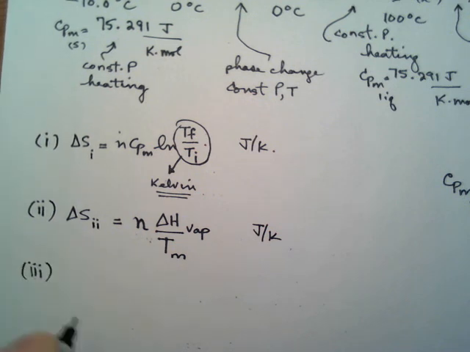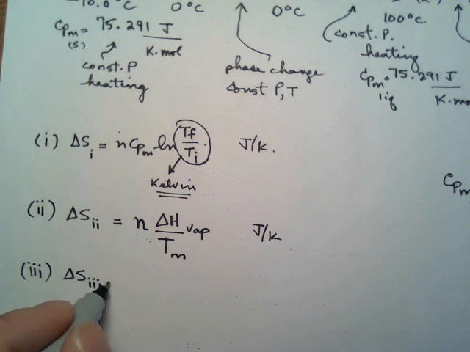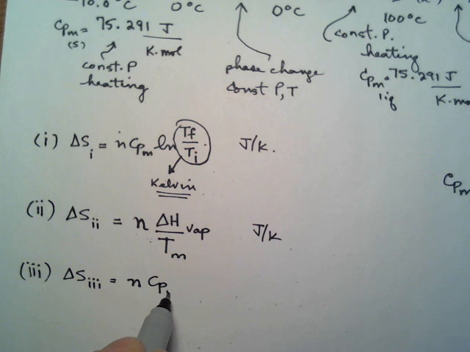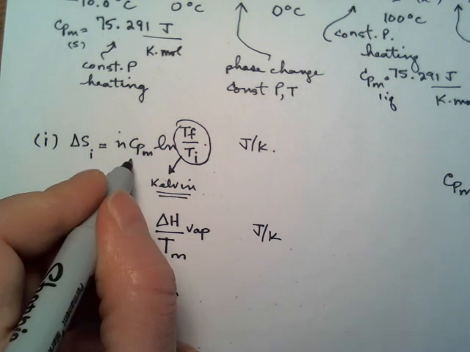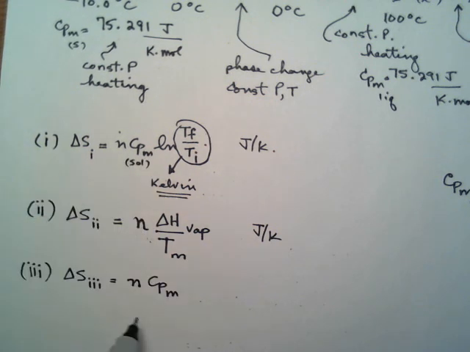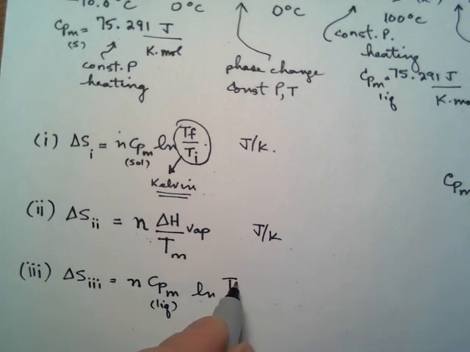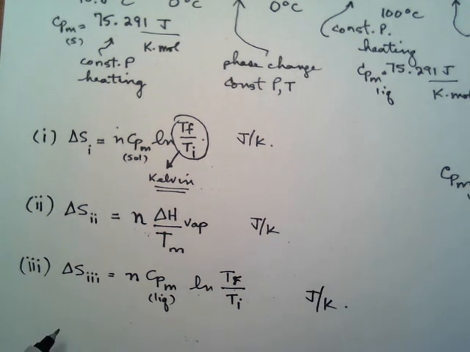In the third step, again, once I've phase transitioned to the liquid, now I'm just heating the liquid. So delta S in this third step is N, number of moles, times Cp molar for the liquid. That one was for the solid, this one's for the liquid, ln T final over T initial, and my units have to again be in joule per Kelvin.